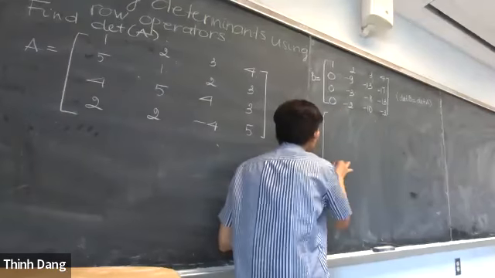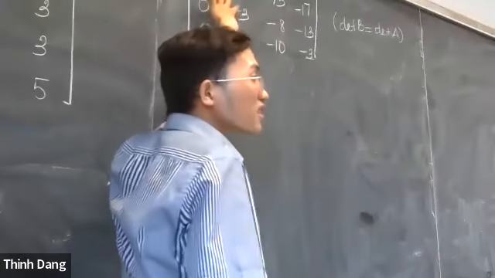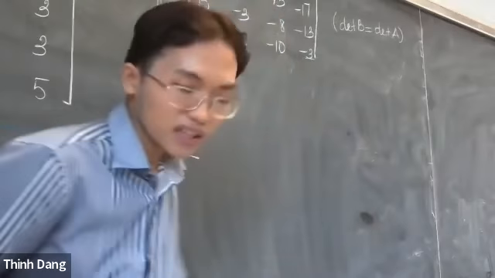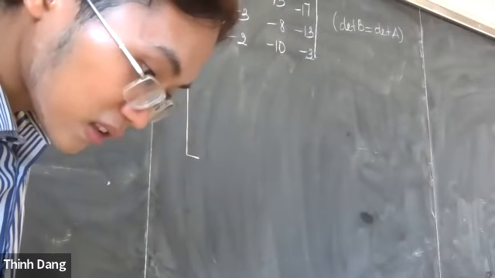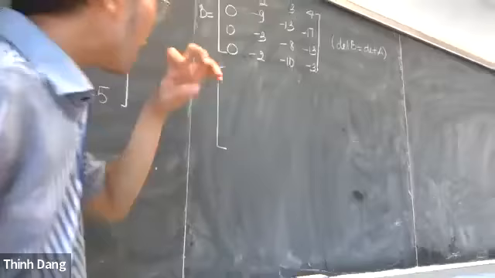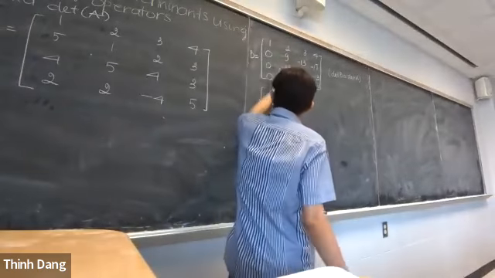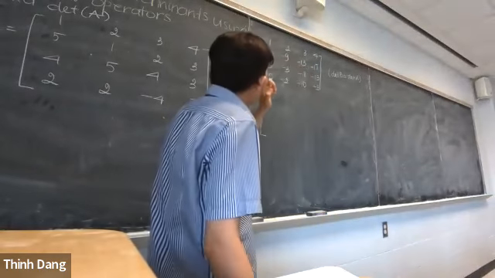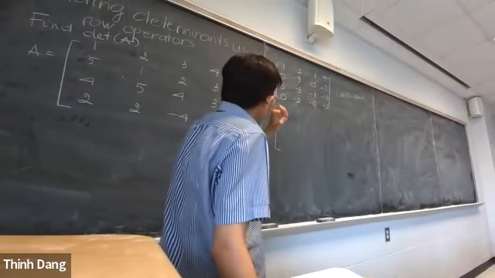Next, I am trying to make these 0. There are actually a lot of ways to make this entry 0, but okay, let's see.